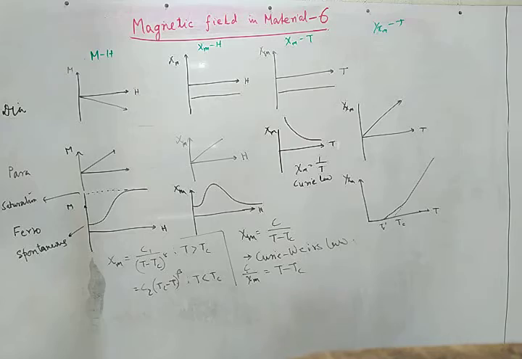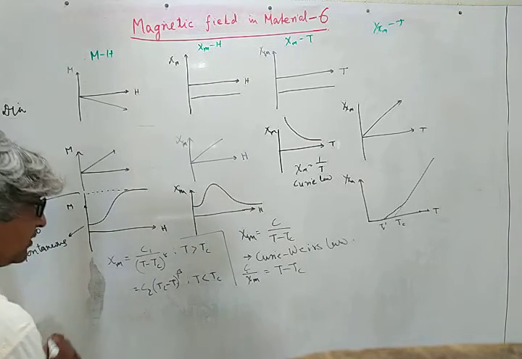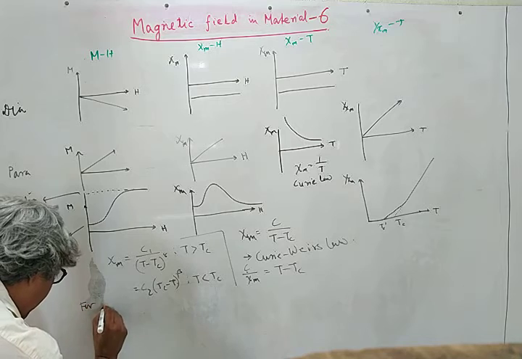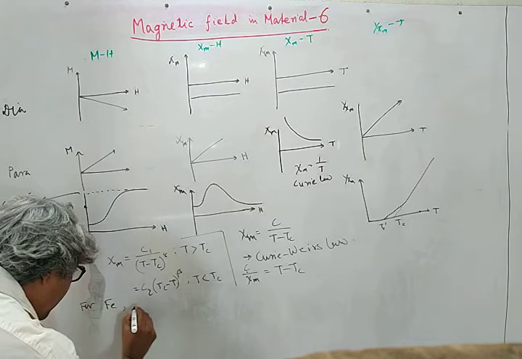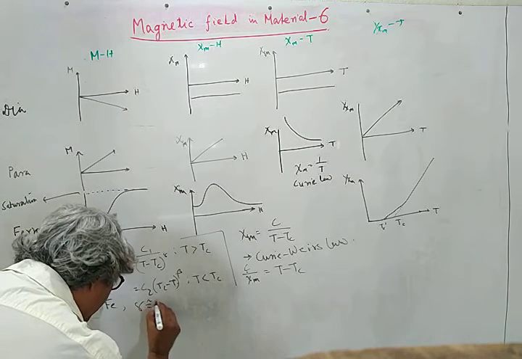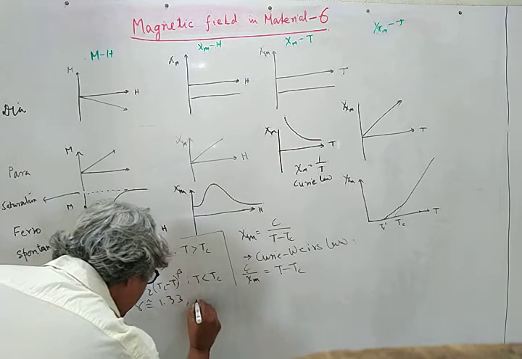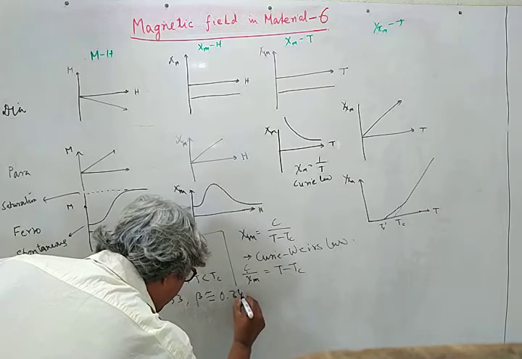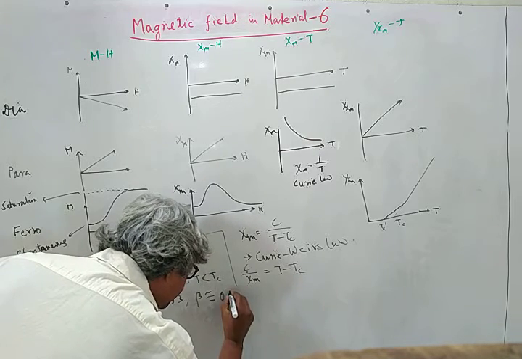For iron, gamma is around 1.33, beta is around 0.34.